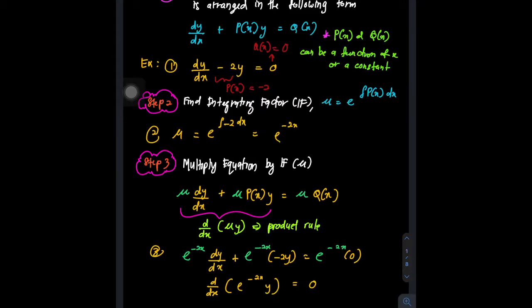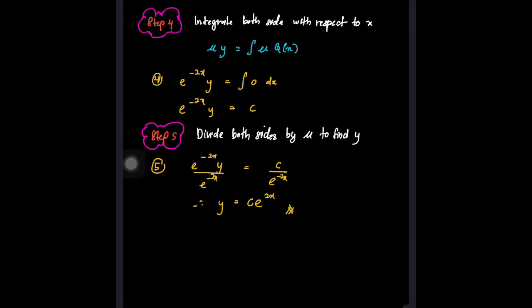As I mentioned just now, this term you get from the product rule on e power of negative 2x times y, or in general, when you differentiate your mu y, you will get like this. So it is equivalent to e power of negative 2x times 0, so you just get 0 on the right hand side.